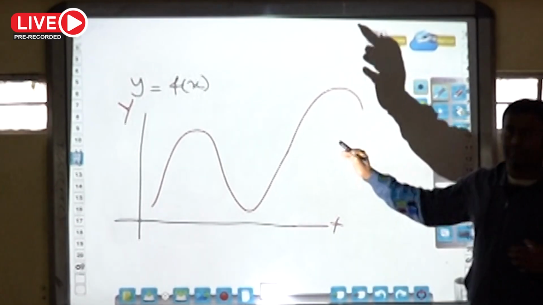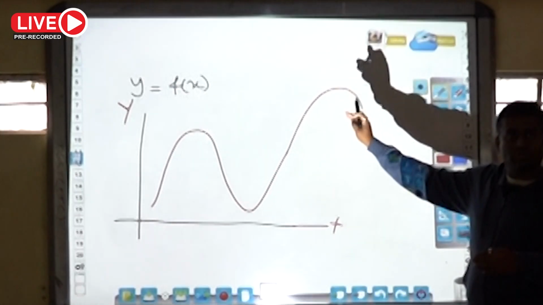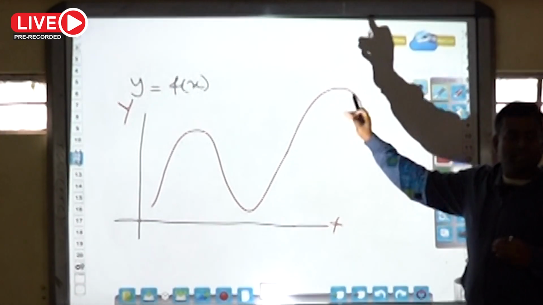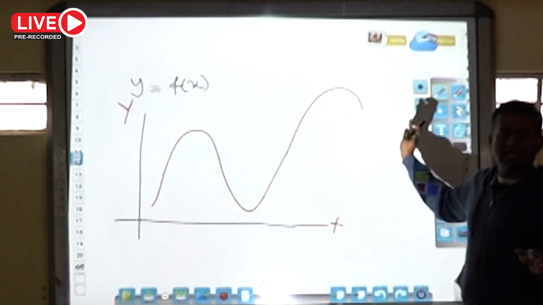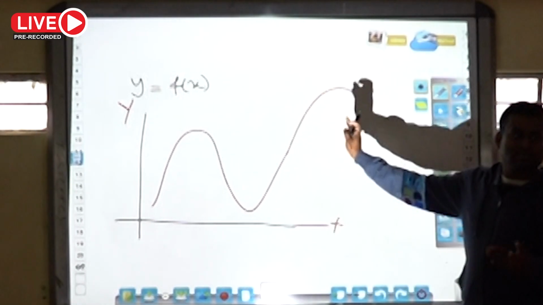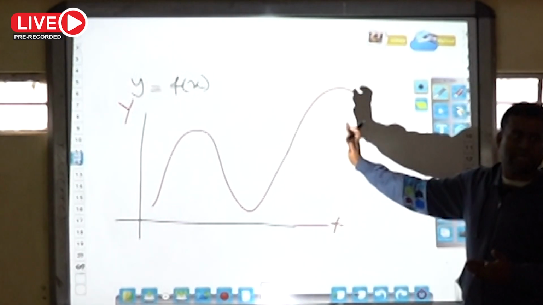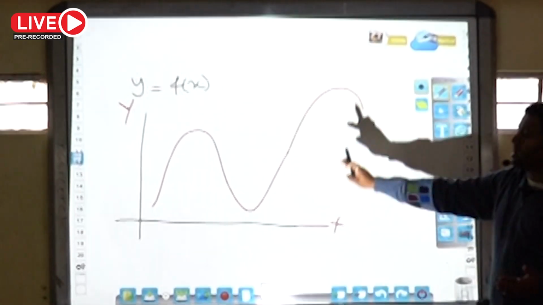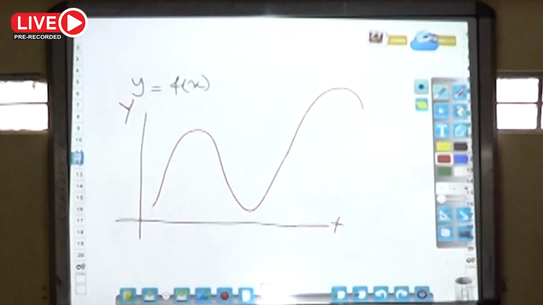There may be some other points where the tangent may also be horizontal, but they are not in the range that is specified in the graph. As this graph is presented on the board, tell me how many points are there where the tangent to the curve is a horizontal line, meaning parallel to the x-axis.